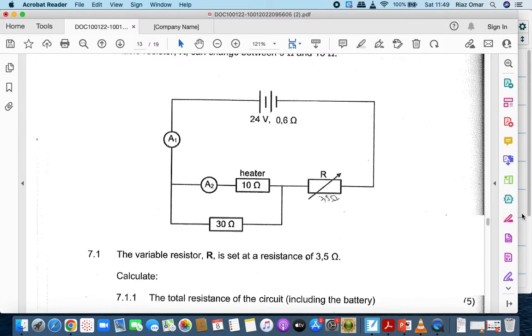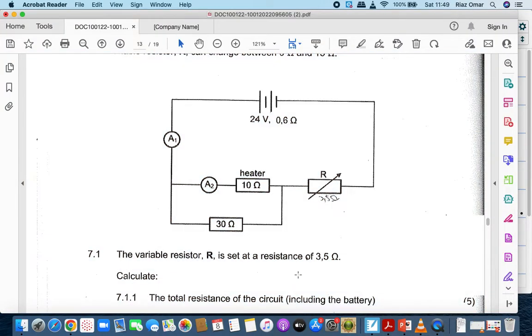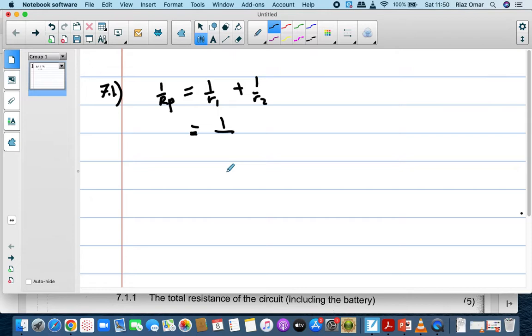So let's go about it. To begin with, for resistors in parallel, 1 over Rp is equal to 1 over R1 plus 1 over R2. That will be equal to 1 over 10 plus 1 over 30.